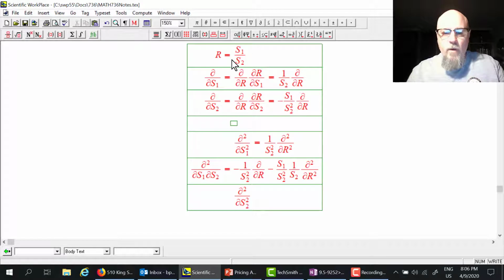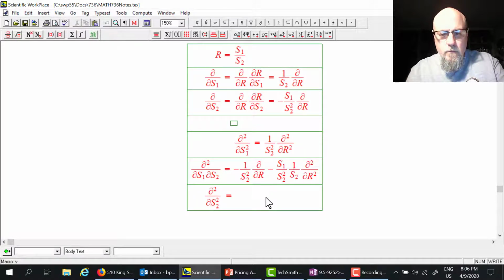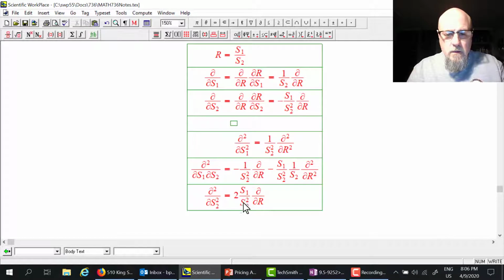Okay, here's already the derivative with respect to S2. I'm going to differentiate this with respect to S2. This is going to be messy because I got to do product rule. Let's do derivative of the first. So that's like S2 to the minus 2. The minus 2 comes down. Subtract 1 from the exponent.